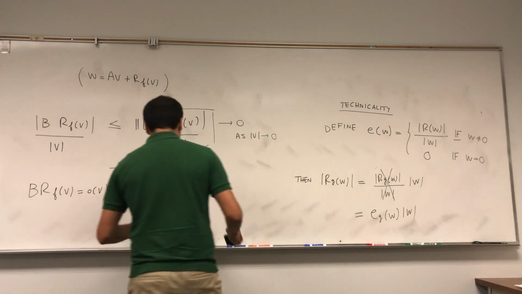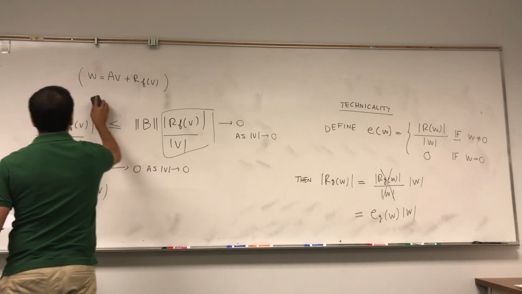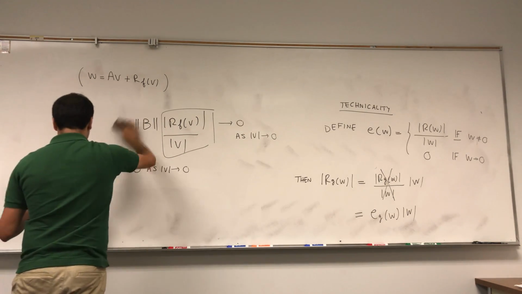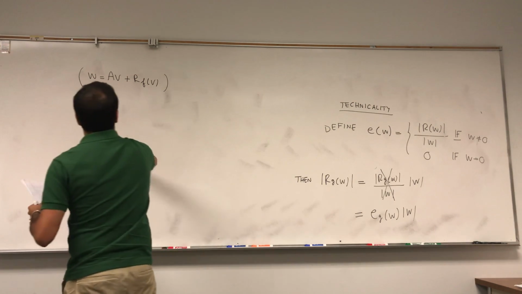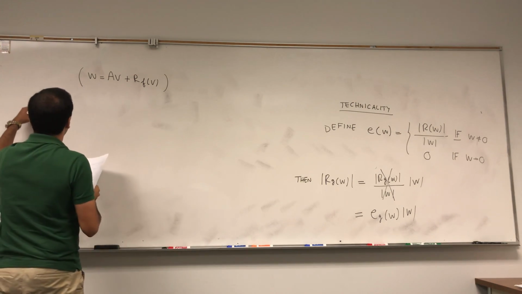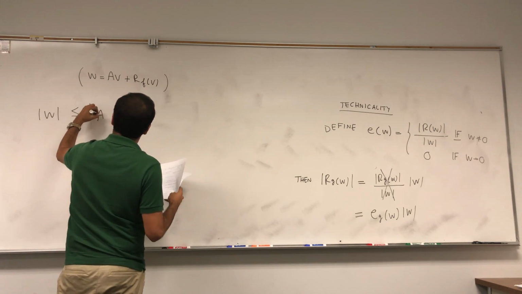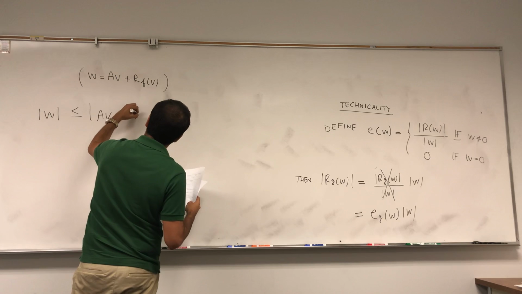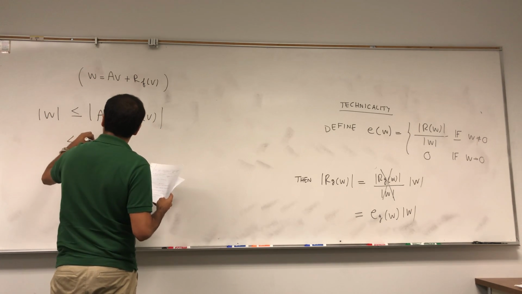Okay. And now let's just estimate our w, and remember w was there. So w, what is that? The length of w, now come back to that. It's Av plus Rf of v. And again, just use the triangle inequality.